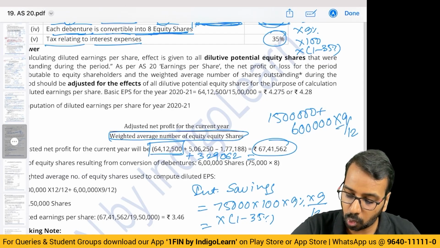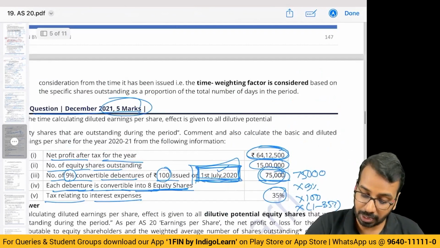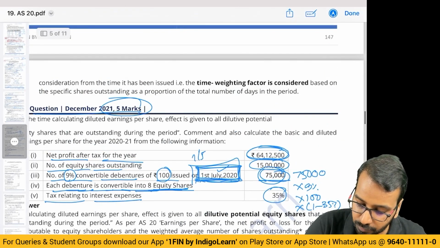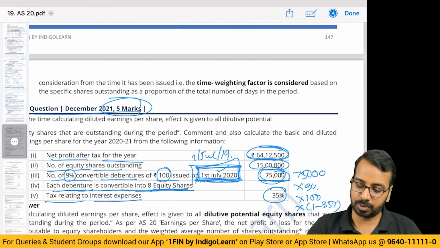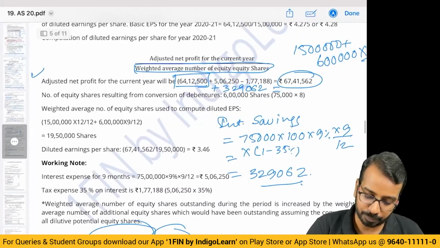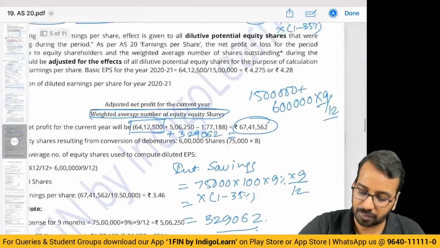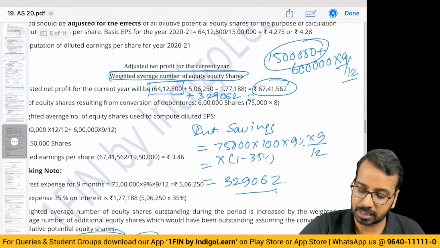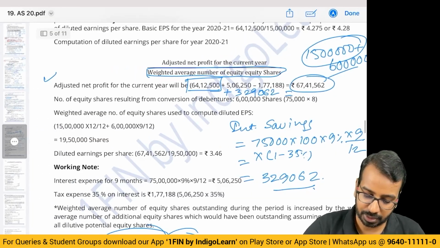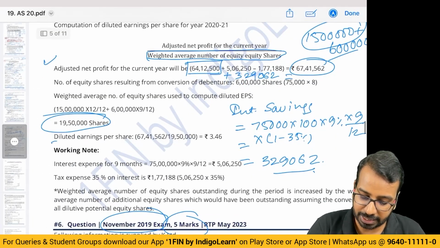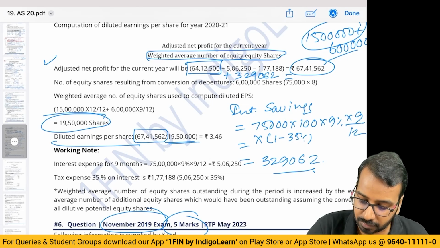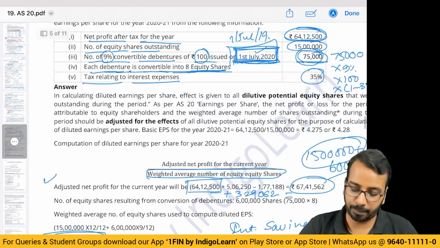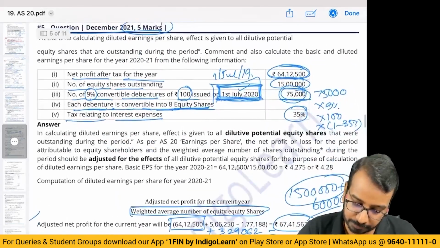This we will take only from the date of issue. But if this was 1st of July of 19, then we would have taken from the beginning of the previous period. Okay, so the number of equity shares is 15 plus 6 lakhs into 9 by 12, that works out to 19,50,000. Diluted EPS is 67,41,562 divided by 19,50,000, 3.46. Basic EPS was how much?